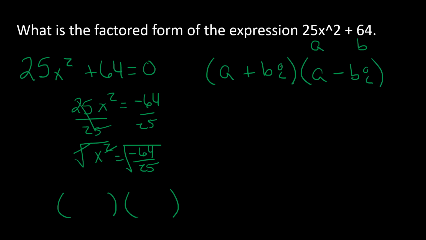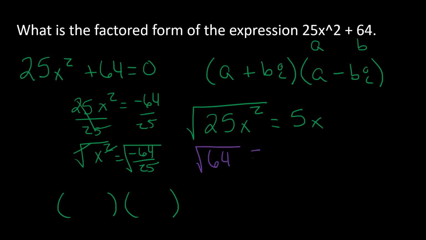Okay? And so in order to get these a values, we're going to take 25x squared, and we have to take the square root of this. Well, the square root of 25 is 5, x squared is x, and then we would do the same with our 64. 64, take the square root of that, is 8. And so this is our a, this is our b.